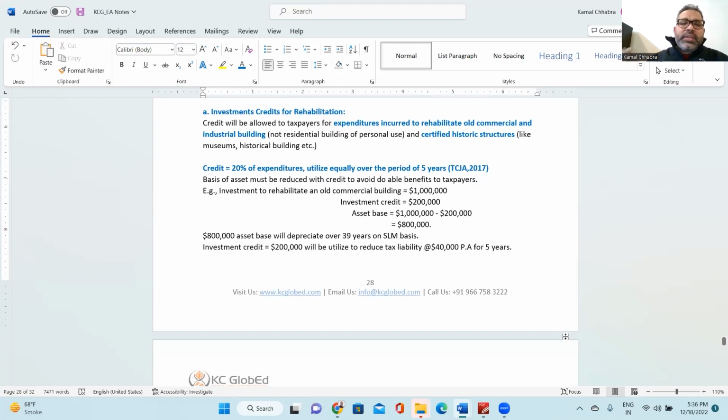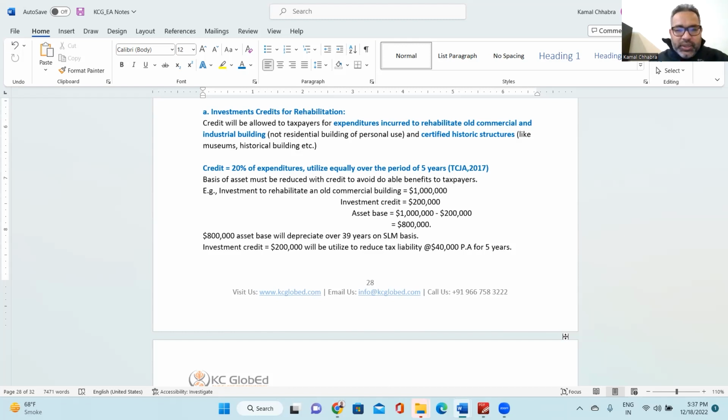The first one is investment credit for rehabilitation. This credit is allowed to the taxpayer for making an expenditure to rehabilitate an old commercial building into a new building, or an industrial building into a new building, or a certified historical structure like a museum or historical building.